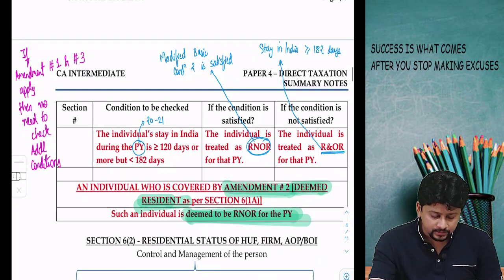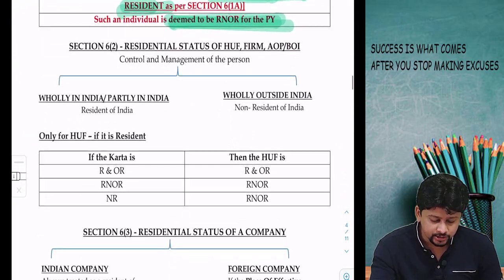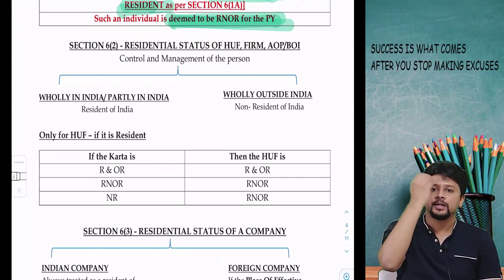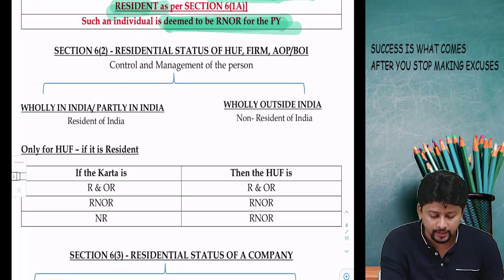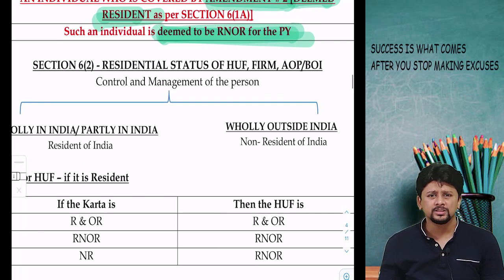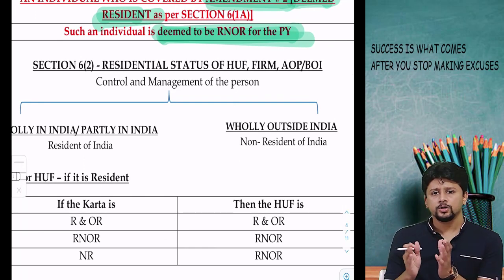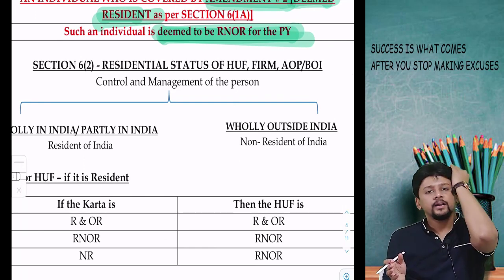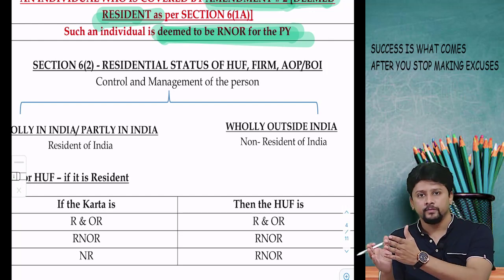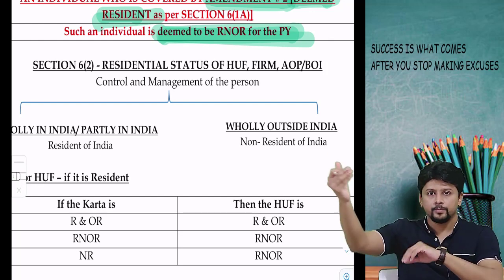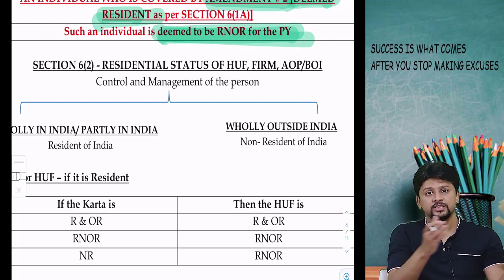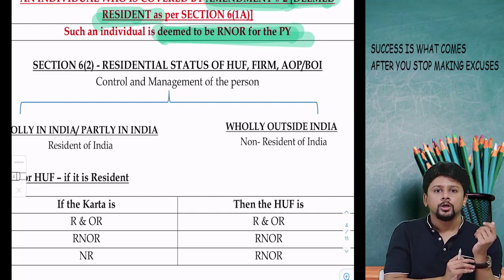Going ahead, section 6.2: residential status of HUF, residential status of firm, residential status of AOP, BOI. Here the concept is very simple. You cannot have a concept of stay. A Hindu undivided family cannot stay somewhere. Some family members may be abroad, some may be in India but staying at a different place.